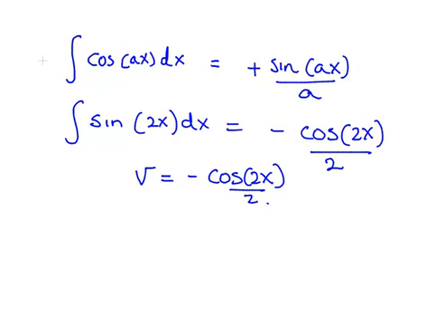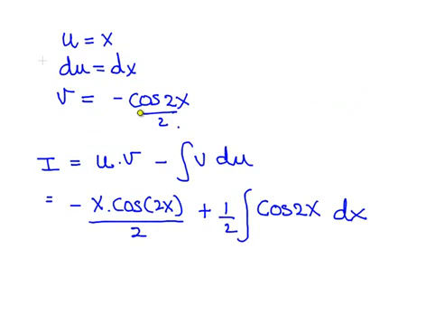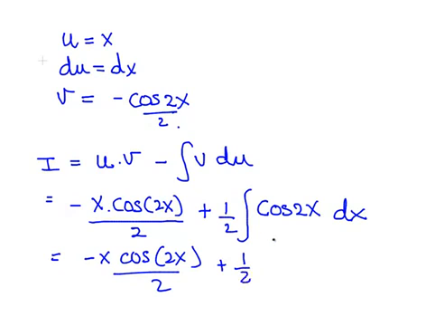That's the rule we're going to use for the second integration. So that is equal to minus x cos 2x over 2 plus 1/2 times sine 2x over 2.